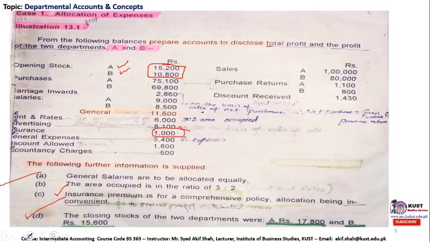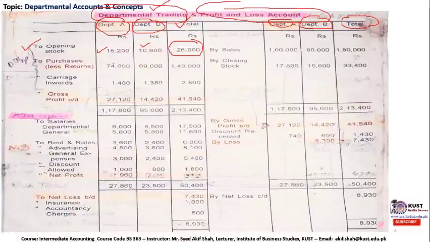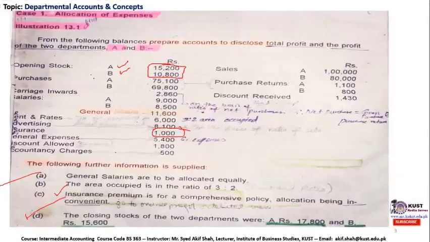Let's move back to the solution. Now we have to add total purchases, rather net purchases. So 74,000 for Department A, which are net purchases, and for Department B it is 69,000. We had 75,100 of purchases. However, there were 1,100 purchases returned.